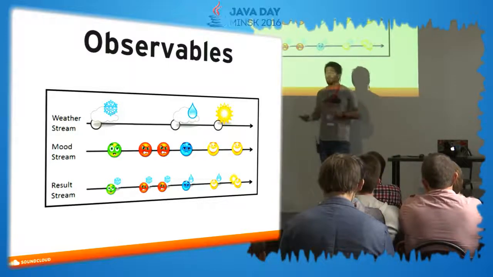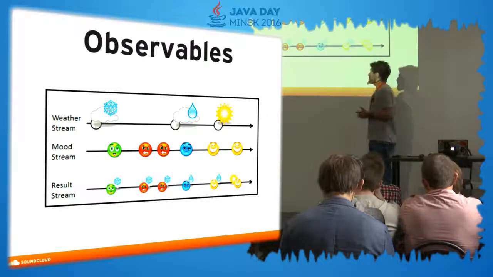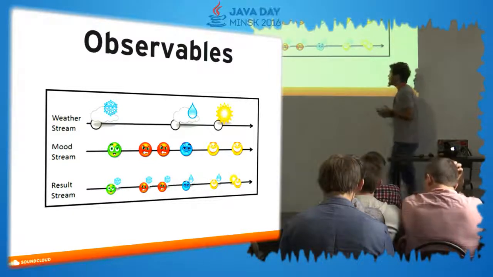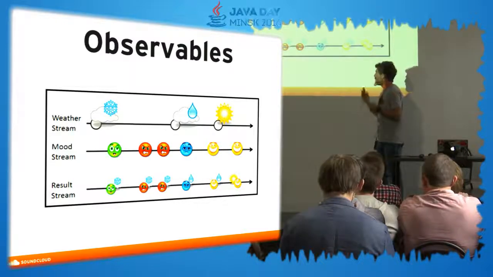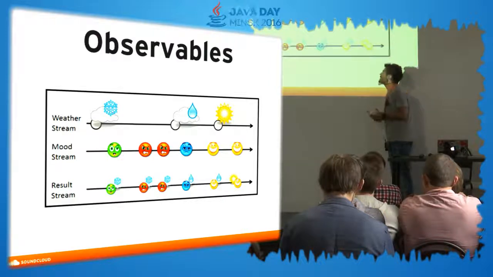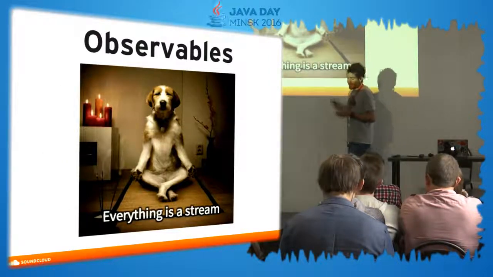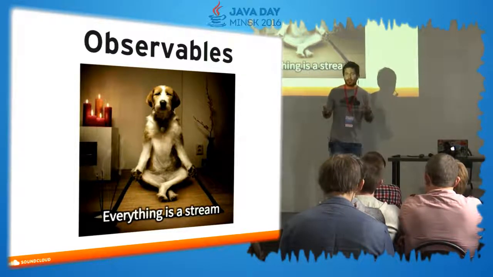Our client knows how to interpret those results, and just that. That's the cool thing that makes our code easier to maintain, because we are not touching our code unless we change the contract, of course. Something to keep in mind when we talk about RxJava, and of course Java 8 has this stream API.